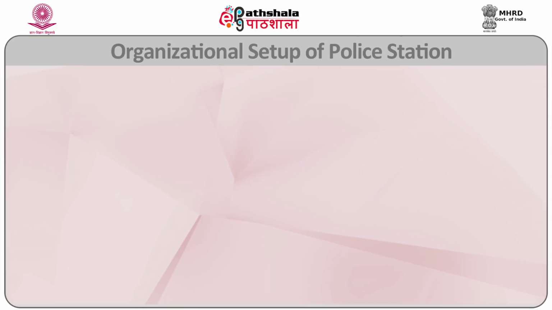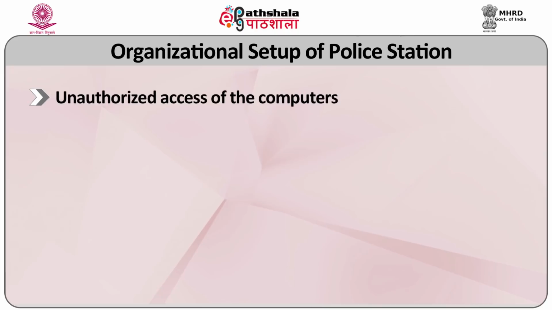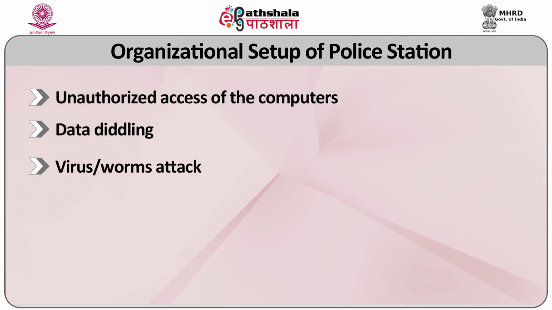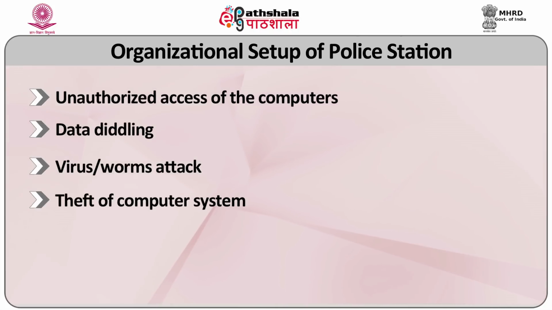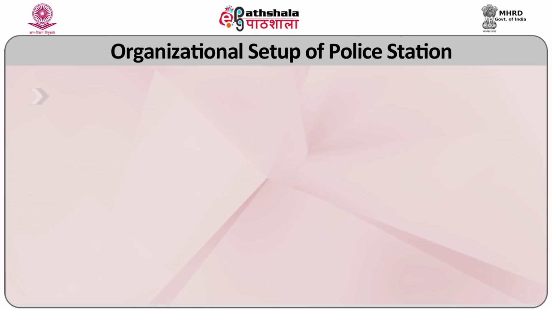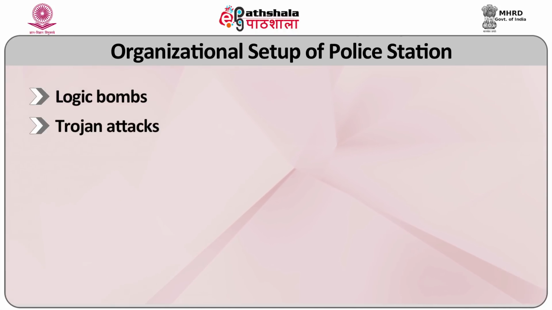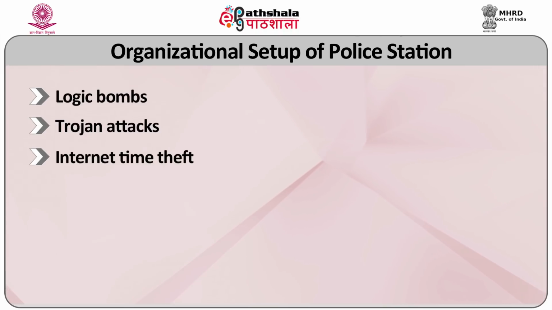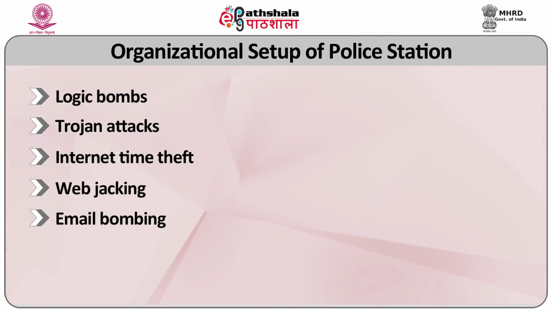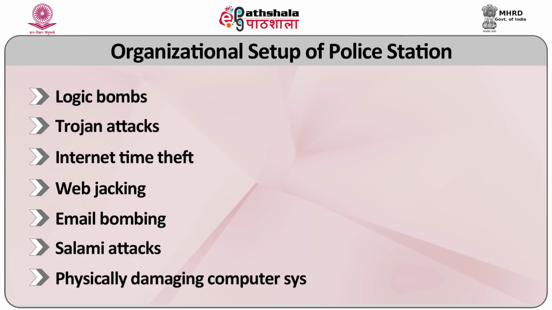Cybercrime usually includes, under its various underpinnings, unauthorized access to computers, data diddling, virus worms attacks, theft of computer systems, hacking, denial of service attacks, logic bombs, Trojan attacks, internet time thefts, web jacking, email bombing, salami attacks, physically damaging computer systems. Now we move on to specific cyber offences under the Act.